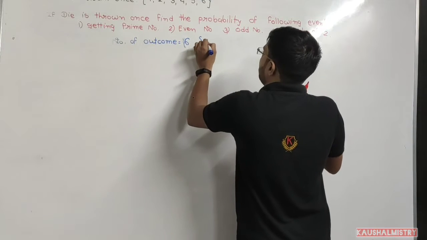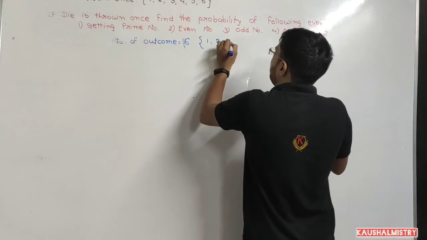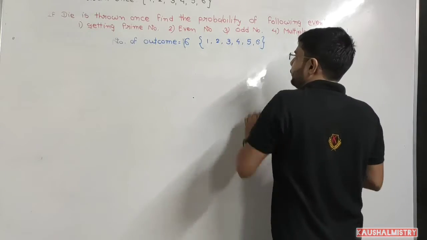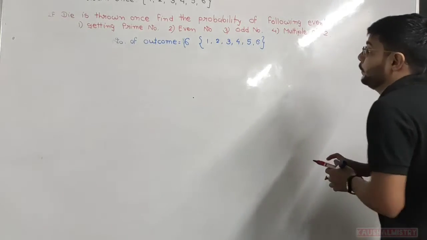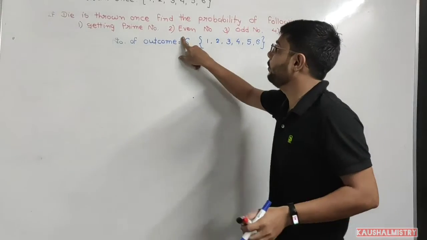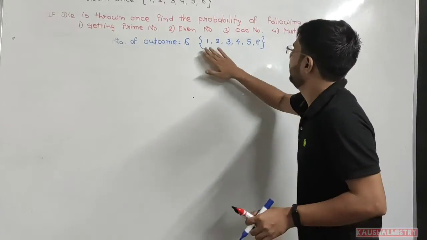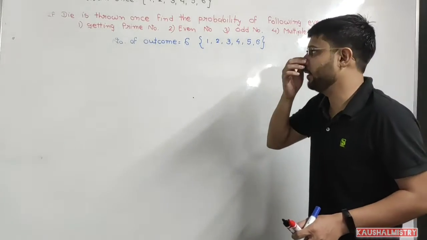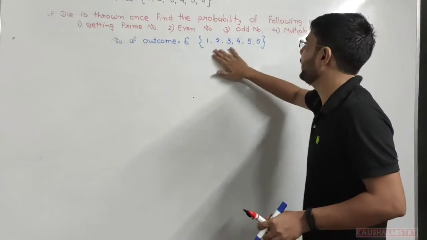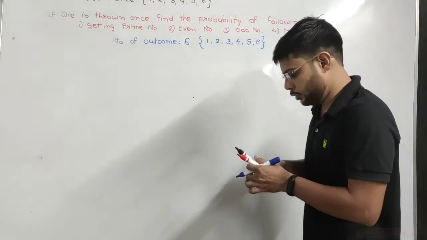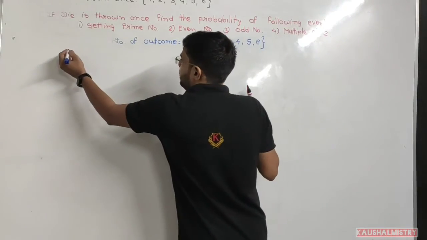And these are 1, 2, 3, 4, 5 and 6. Now getting a prime number: our total number of trials will be 6. How many prime numbers are there in these 6 results? 2, 3 and 5 are prime numbers. So what will be the answer?